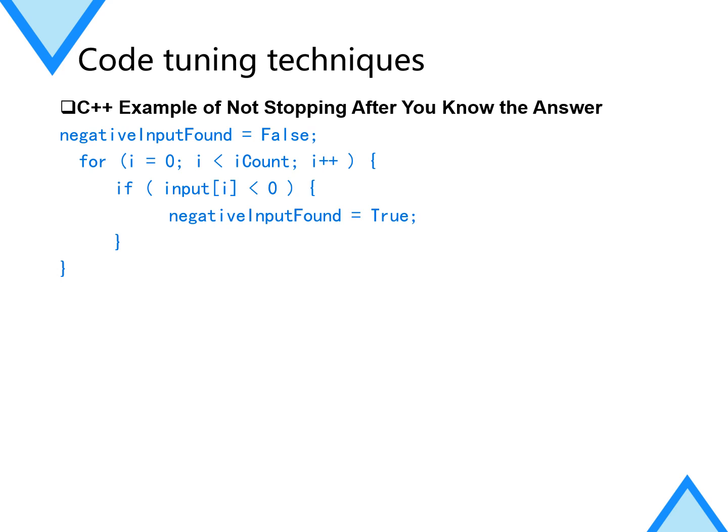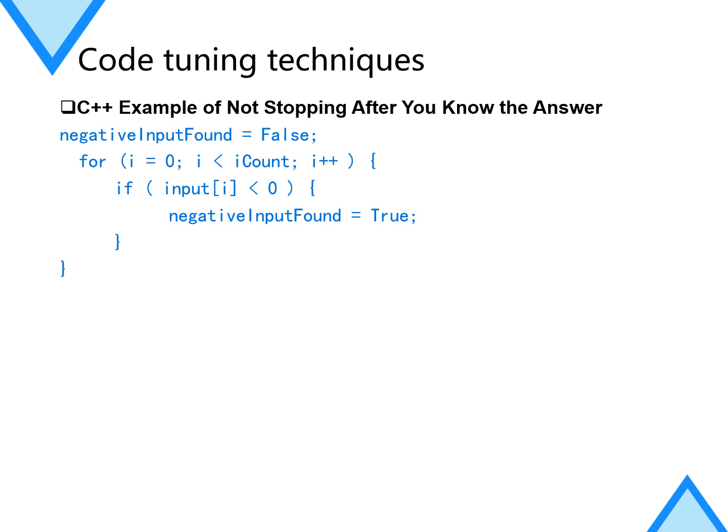In this code, first we define the flag negativeInputFound equal to false, which is false at the initial stage. Then we run a loop, with i starting from 0, while i is less than count, incrementing by 1.